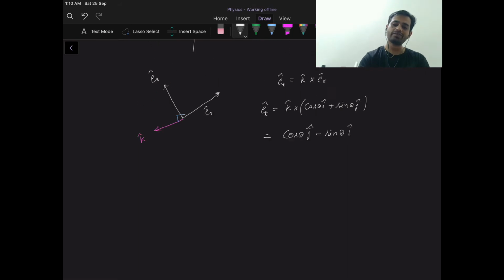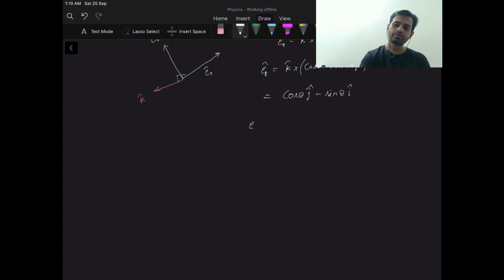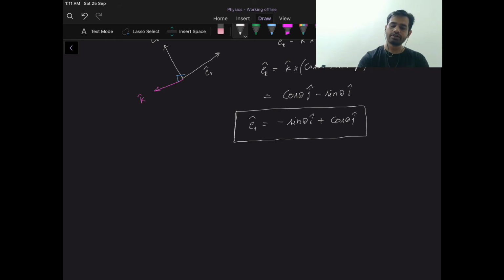So the value of E t cap can be written as minus sin theta i cap plus cos theta j cap. Is this clear?